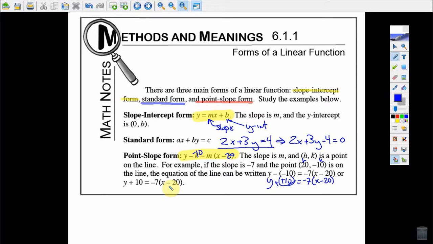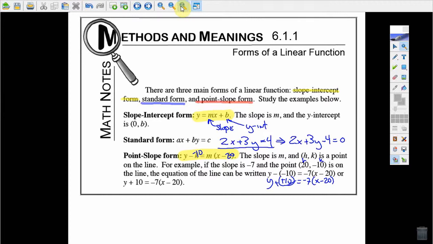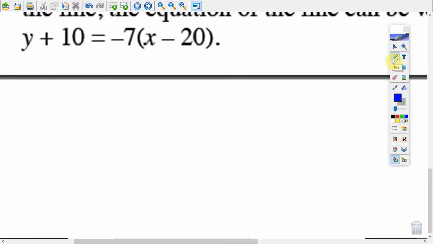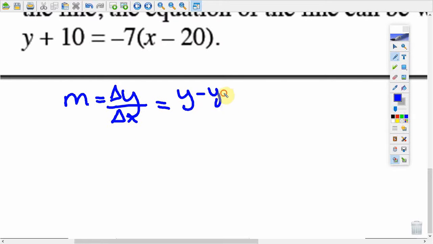I'm going to go ahead and add for point-slope form that it's a little easier to remember this if you know where it comes from. It comes from the slope equation. The slope equation says that m equals the change in y over change in x. So change in y we could label as y minus y1. Change in x we could do as x minus x1.